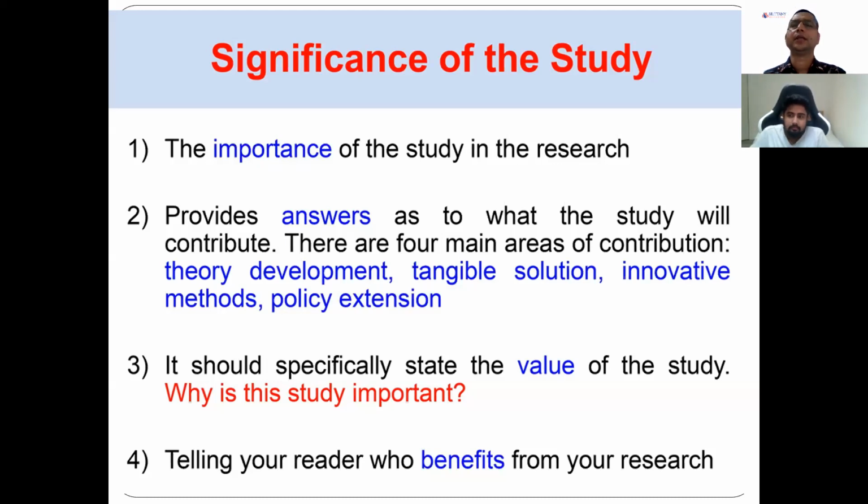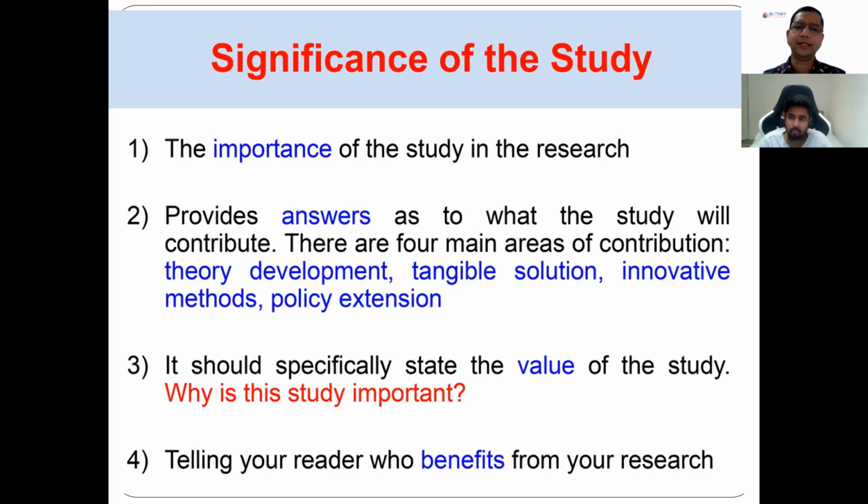Example, say in your company, you want to increase customer satisfaction and reduce customer complaints. So if you do this, your research will bring an outcome which will give profit. The moment you increase customer satisfaction, you will get more business, and then your company will generate more revenue. So this is how you need to explain the importance.